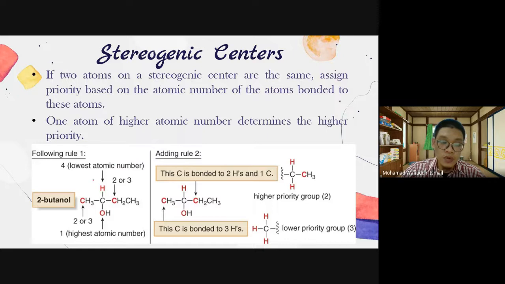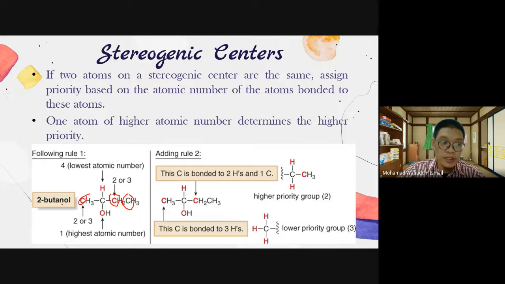Okay, so if two atoms on the stereogenic center are the same, meaning here C, C, we look at the next attachment, right? So it is possible that this can be 2, can be 3, can be 2, can be 3. This will be number 1, and this will be the lowest.